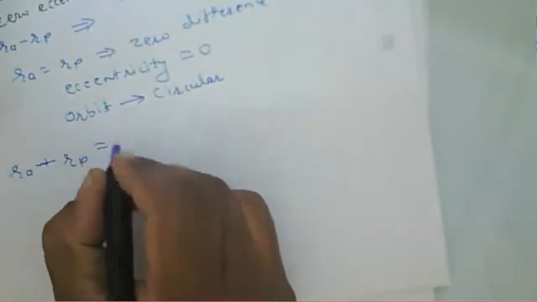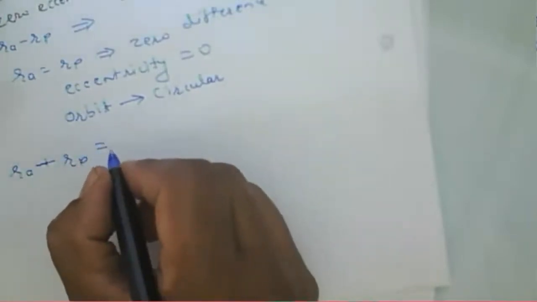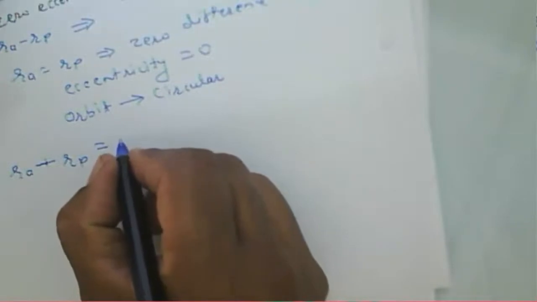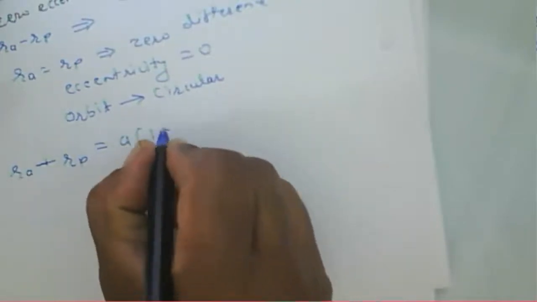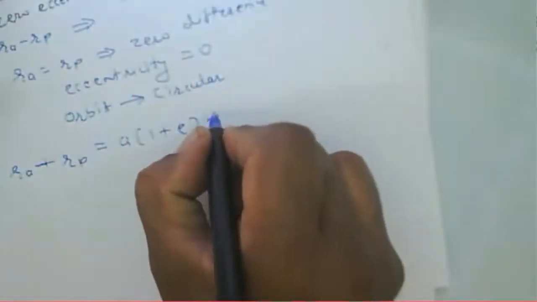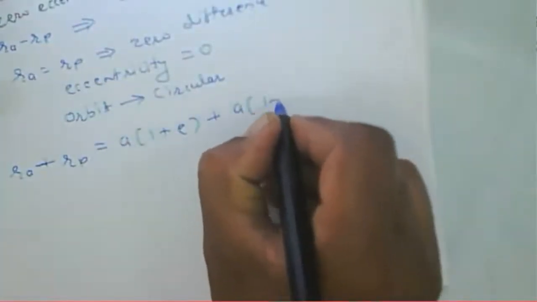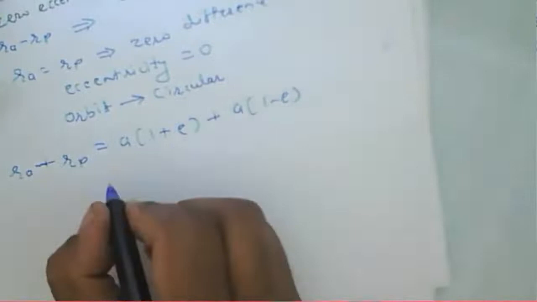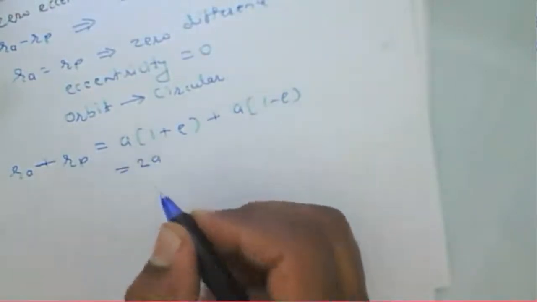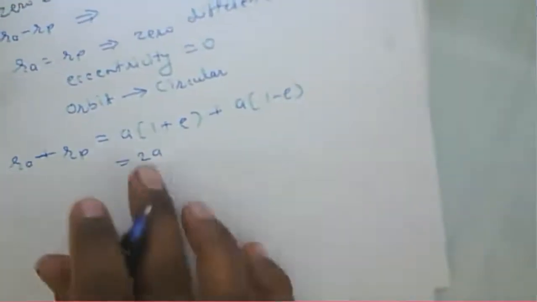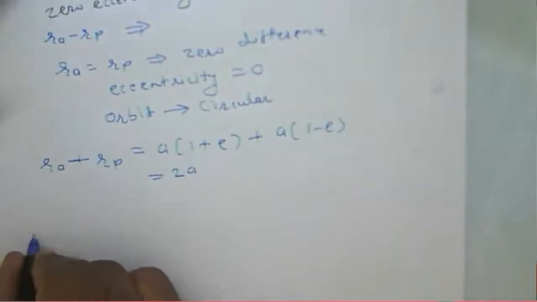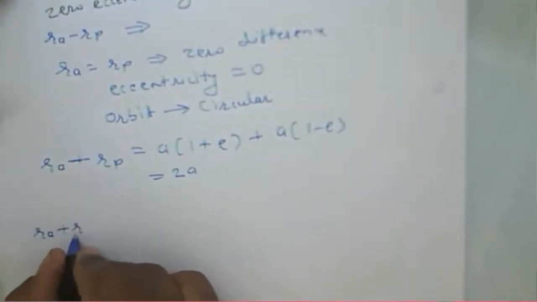From the given figure, RA plus RP is equal to A into (1 plus E) plus A into (1 minus E).